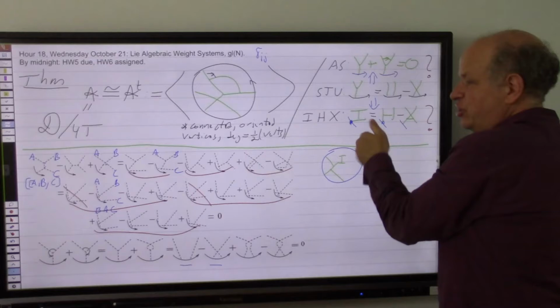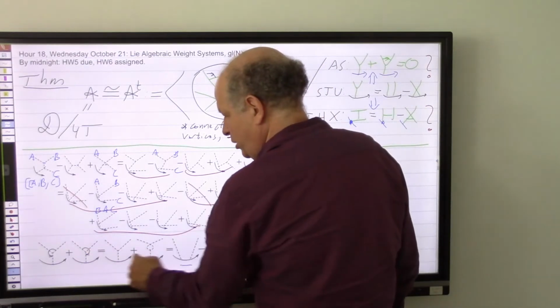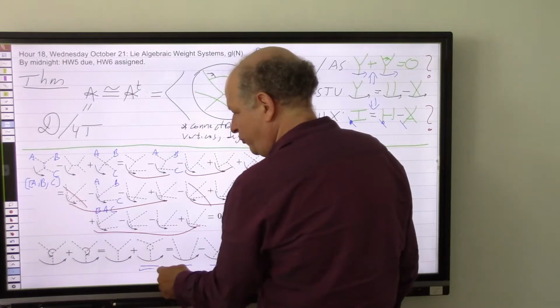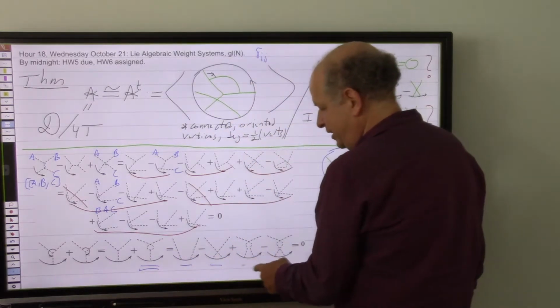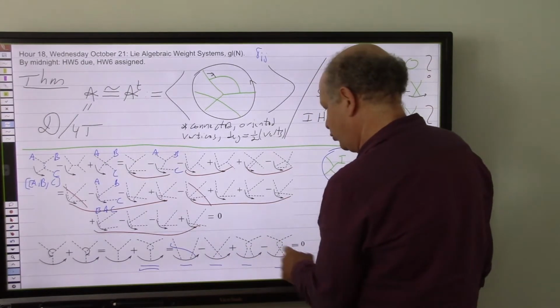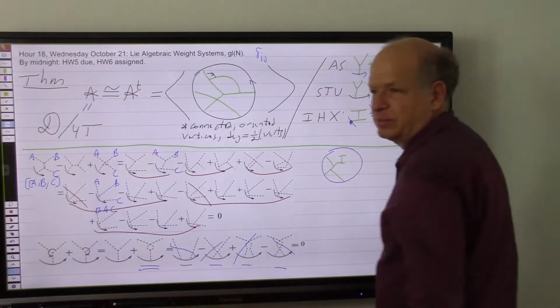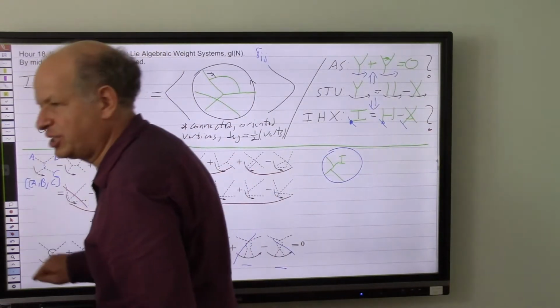If it's clockwise, you first have to write it as a counterclockwise vertex. So the clockwise one you first have to replace with this, and then you apply STU and you get these two pictures, and again this one cancels that one and this one cancels that one. End of story. Okay, questions, comments?